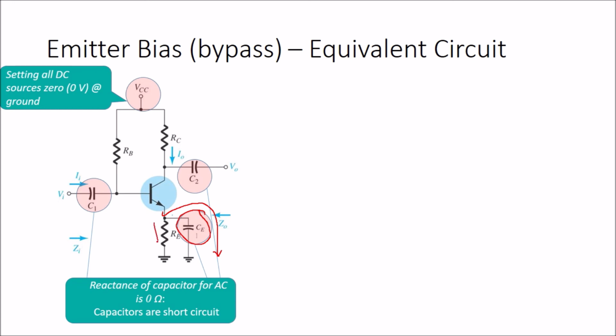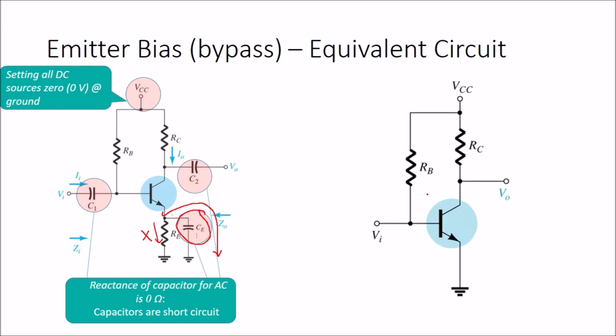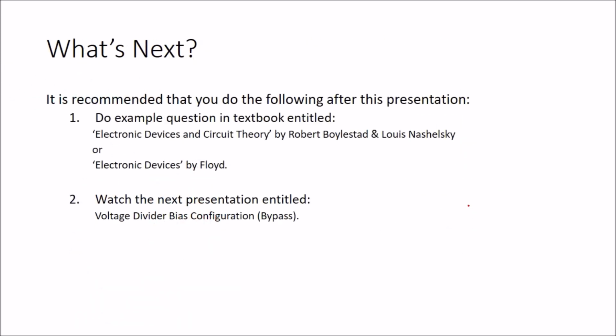So meaning that the signal will not flow here, and we will have this configuration. Okay, this is the phase bias configuration. So all the analysis for the emitter bias configuration with bypass is totally the same as the phase bias configuration.